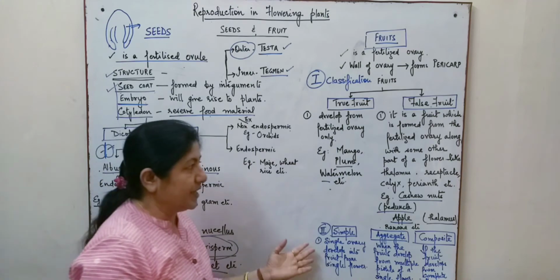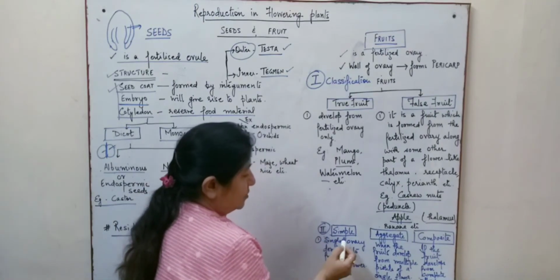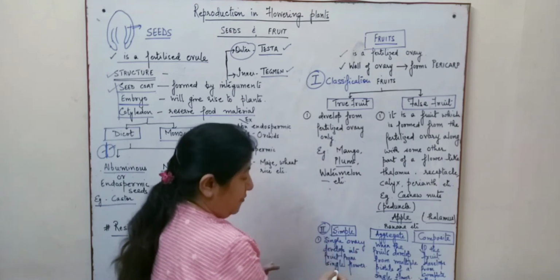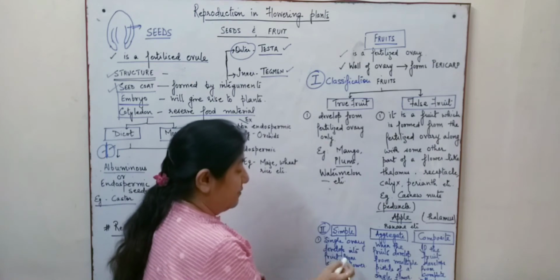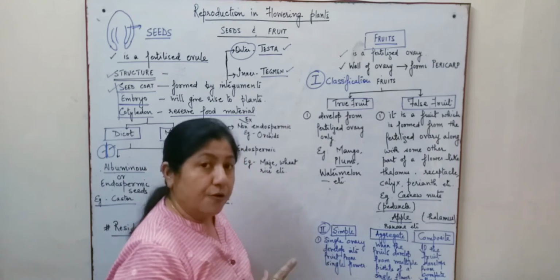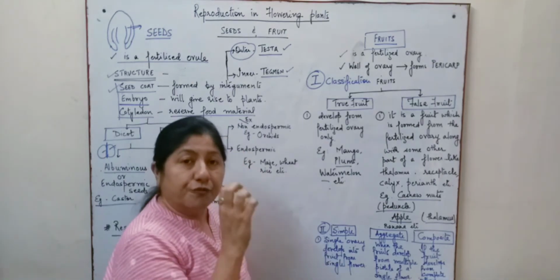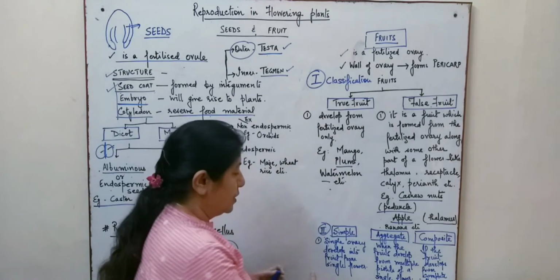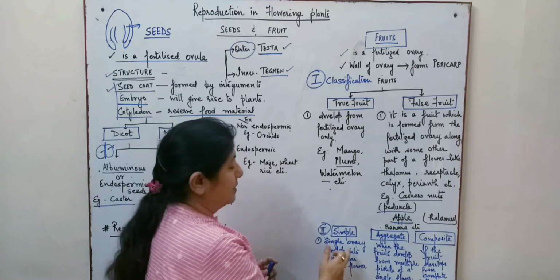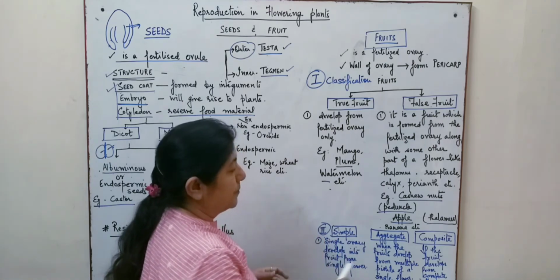So we'll be studying that. Simple fruits are those in which a single ovary develops into a fruit from a flower. So when a single ovary forms a fruit from a single flower, it is known as a simple fruit.